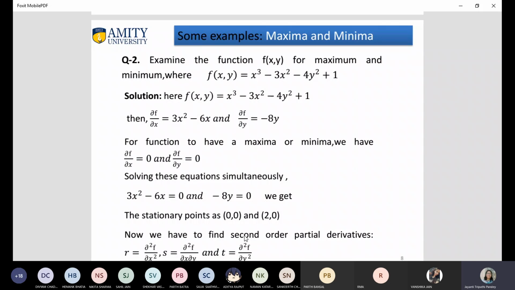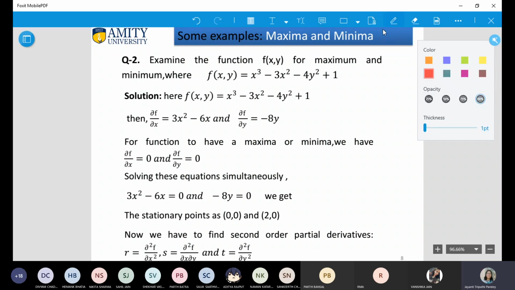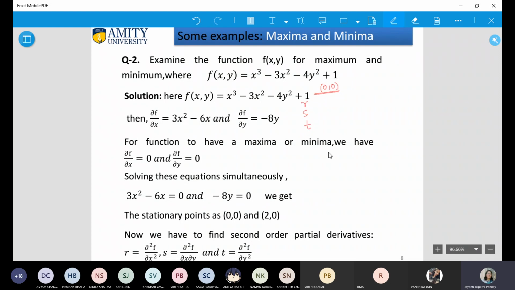Now please find the second derivative and see what you are getting. When you are finding r, s and t, you have to find them for the 2 points separately. That means you will make one segment for 0, 0: what is r, what is s and what is t. And the next segment will be 2, 0, and you will find r, s and t. So what is r? Second derivative, that is 6x. When you put 0, 0, it becomes 0.